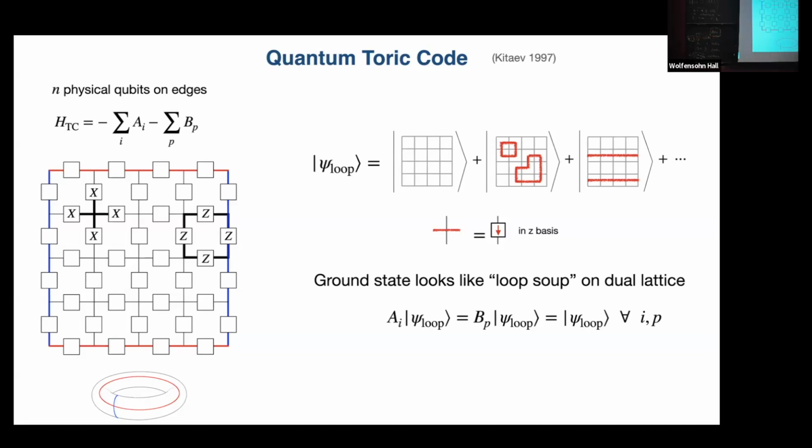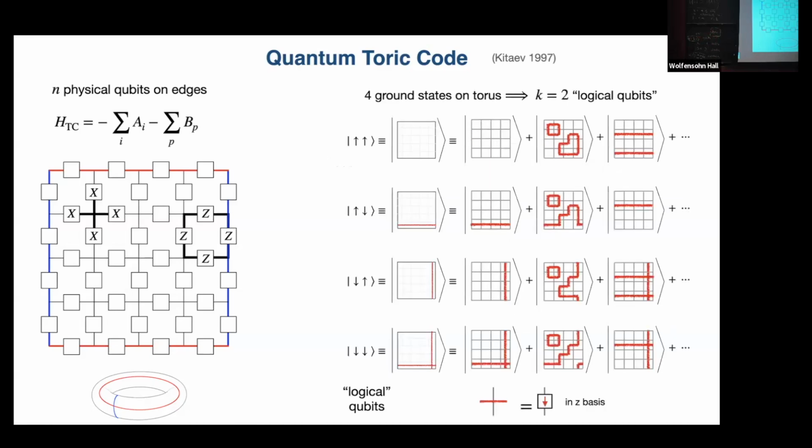To look at what these ground states are, we note that these ground states are labeled by non-contractible loops. These are Wilson loops. I'll write them on the next slide. Basically these are operators which commute with all the checks, but are not generated by any of the checks. You can verify that if you start multiplying these checks out, you'll never get something that looks like this non-contractible loop.